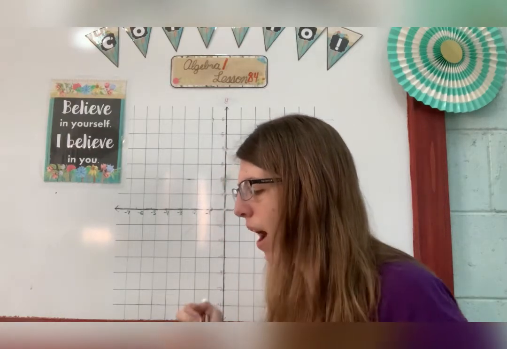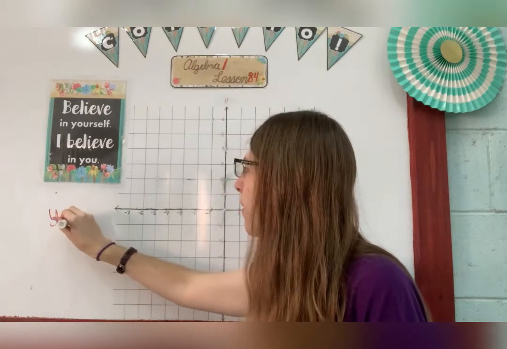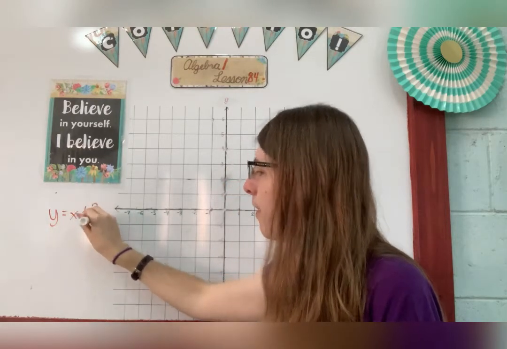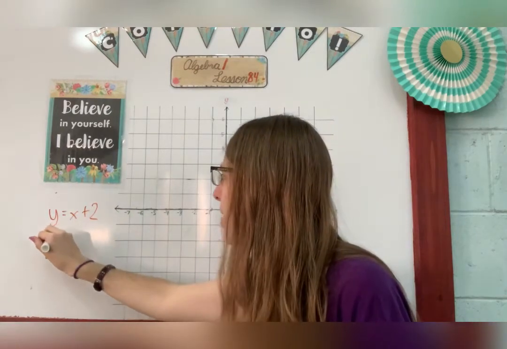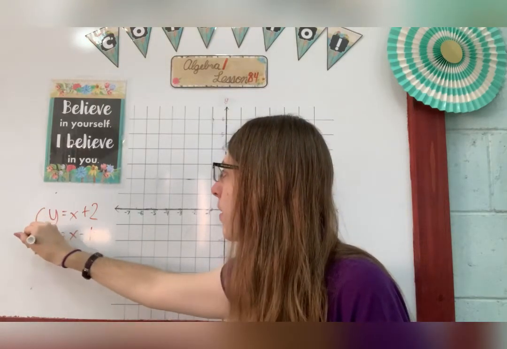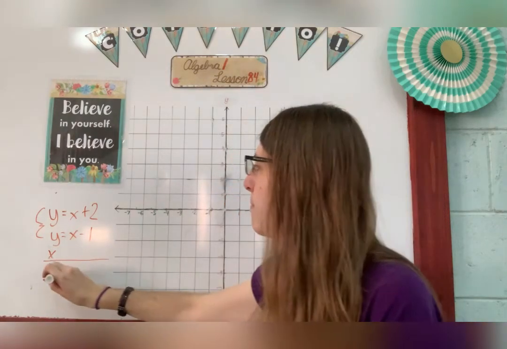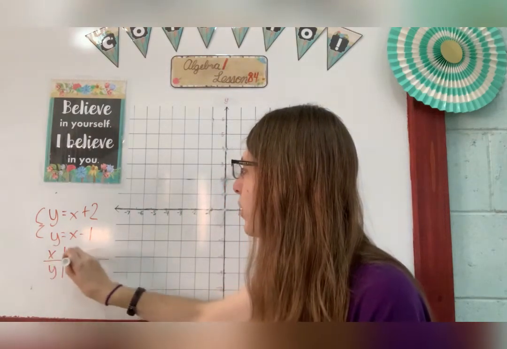So here we have y equals x plus 2 and y equals x minus 1. So let's set it up. My x and y's for my first equation.